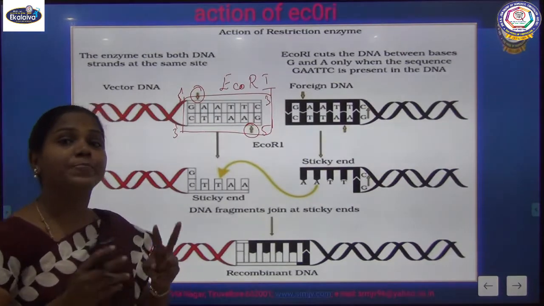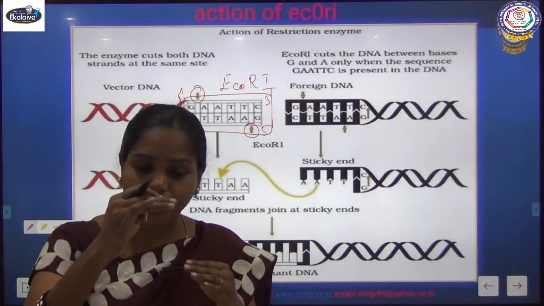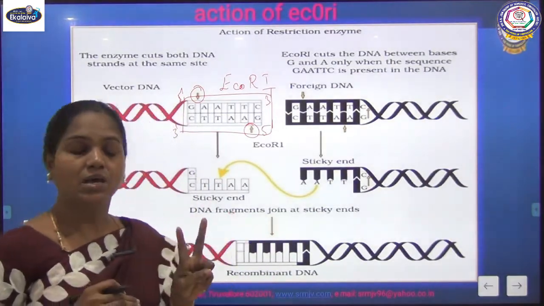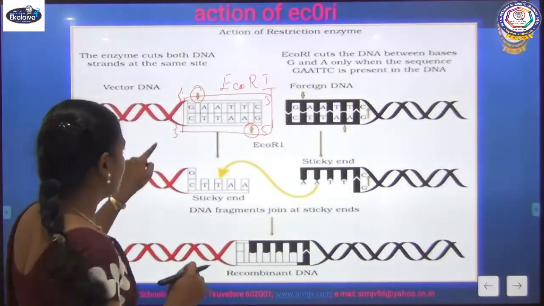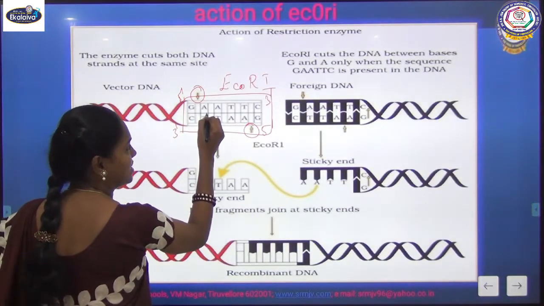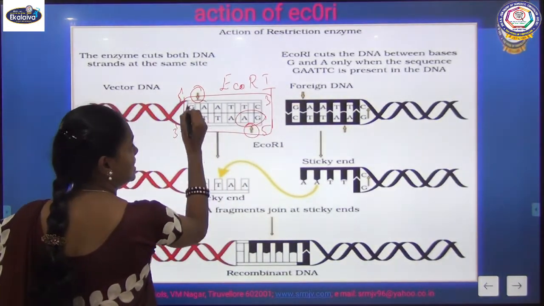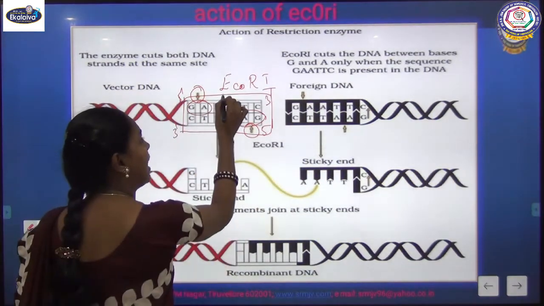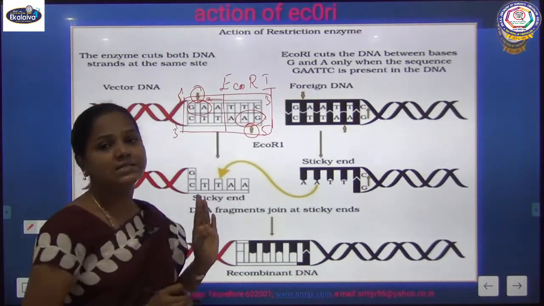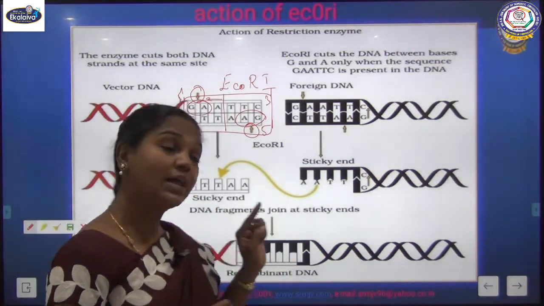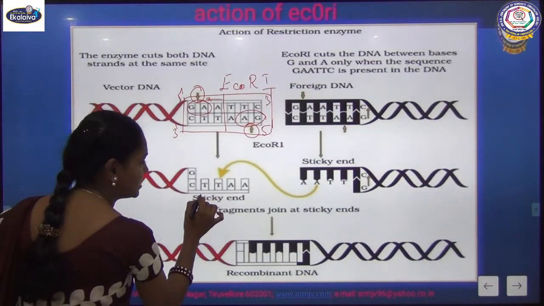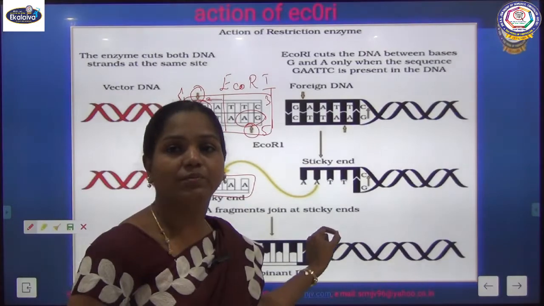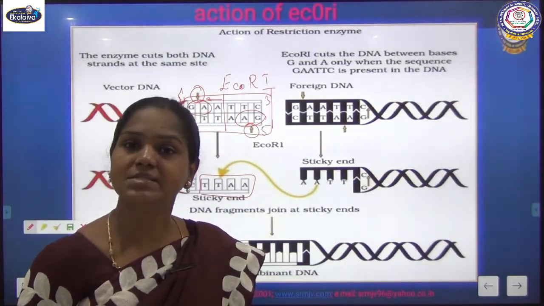It cuts the DNA in both the strands between the same bases. Here it is between G and A, and here also it is between G and A. It is cutting a little away from the center of this palindromic sequence, so it produces this overhanging strand. This type of end with the overhanging strand we call a sticky end.